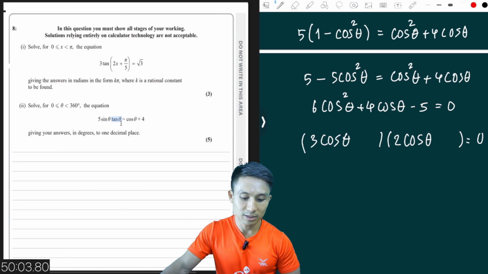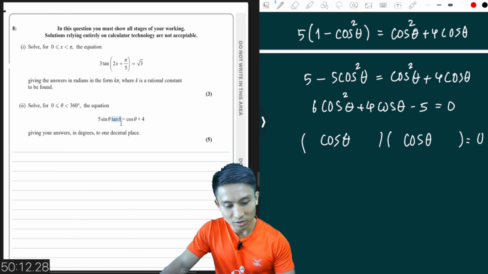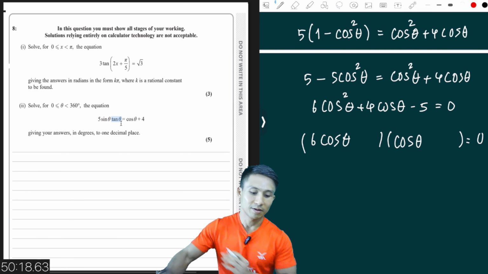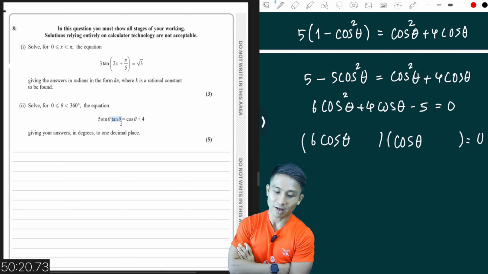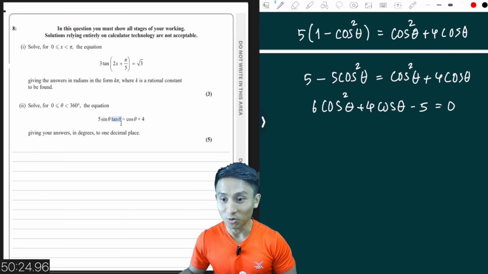How about 5 and 1? No, that doesn't work. Maybe not then, because I can't find any 2 numbers that work. So let's do 6 and 1, 5 and 1, nope. 1 and 5, nope. Okay, let's use the quadratic formula.